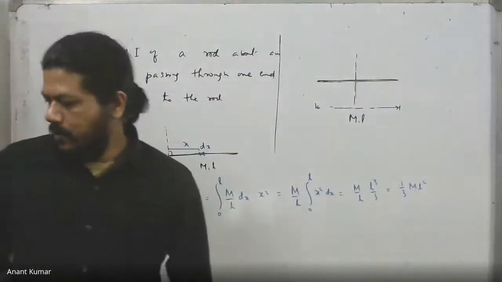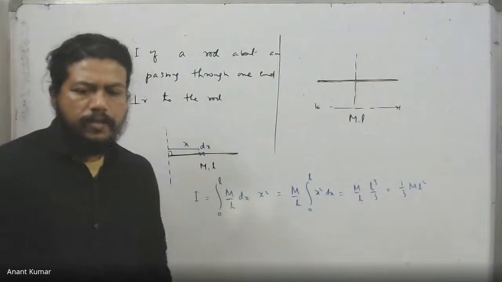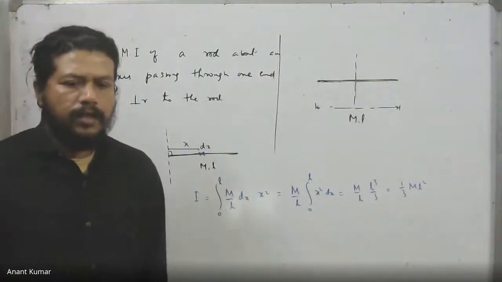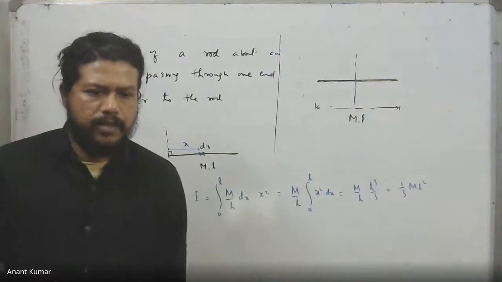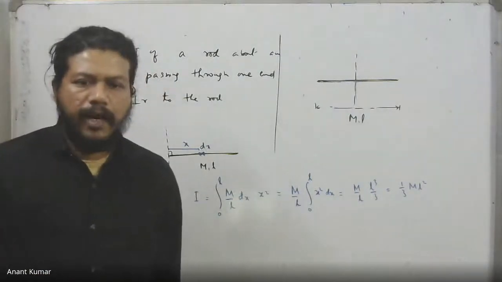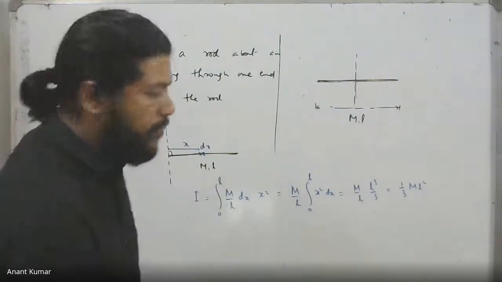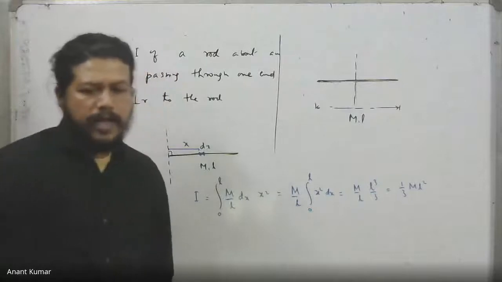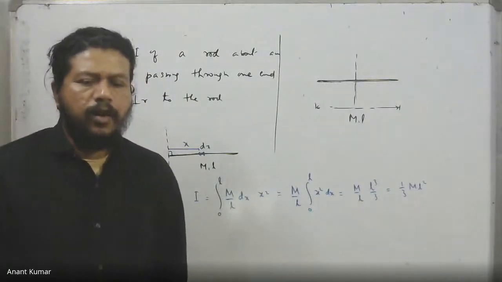What I could have done in this case, instead of direct evaluation, is use the additivity of the moment of inertia over the given axis. I said that moments of inertia can be added up about the same axis. So instead of viewing this as a rod whose mass is m and length is l, let us view this as a combination of two rods.